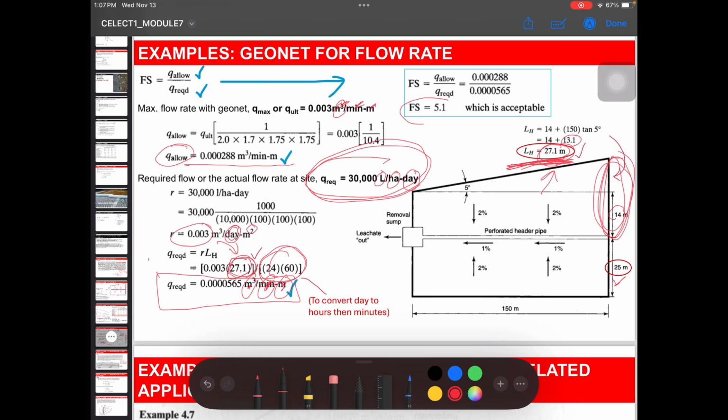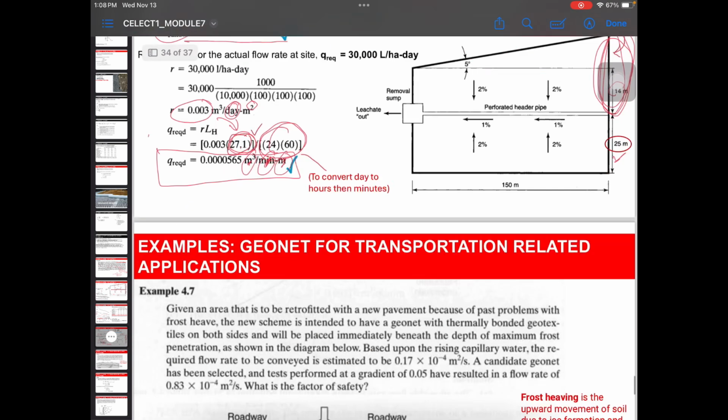So, we just get a numerical coefficient which will be our factor of safety. So, substituting yung mga nakuha natin na Q allowable and Q required dito sa equation natin ng factor of safety, we get 5.1. The factor of safety, of course, acceptable. Lampas siya sa 3. Yan lang. So, that will be our answer.